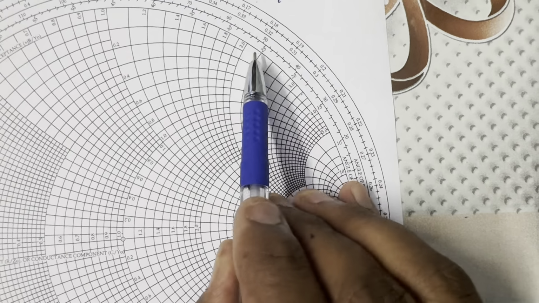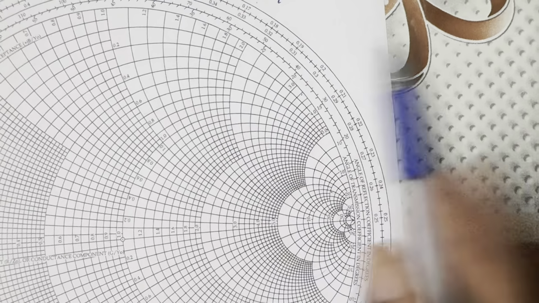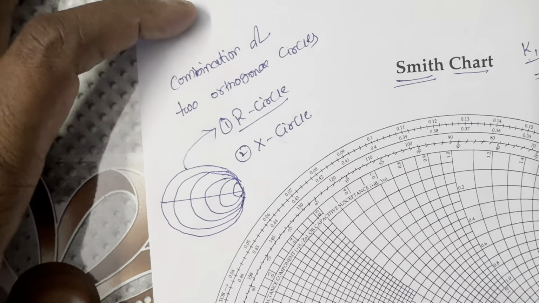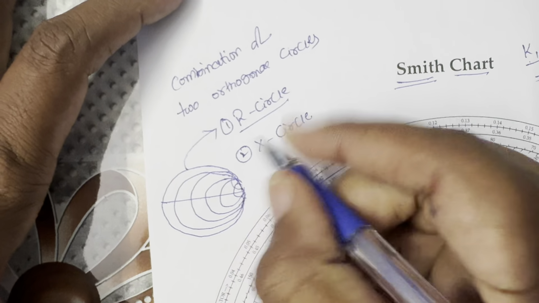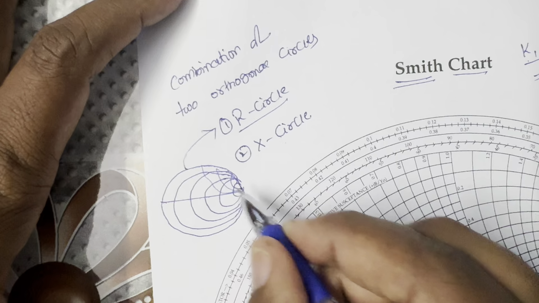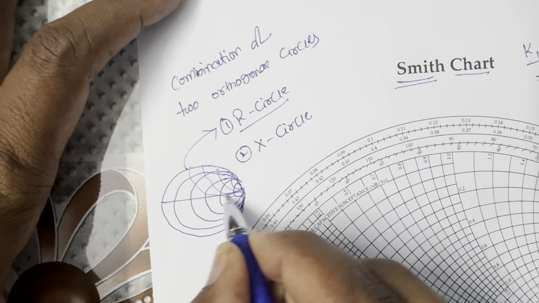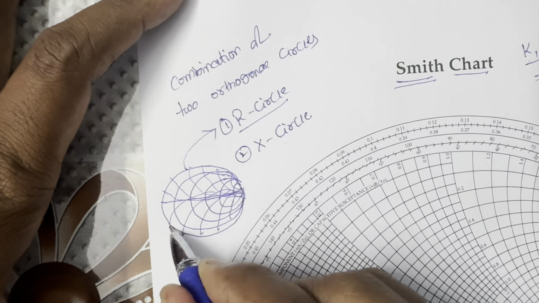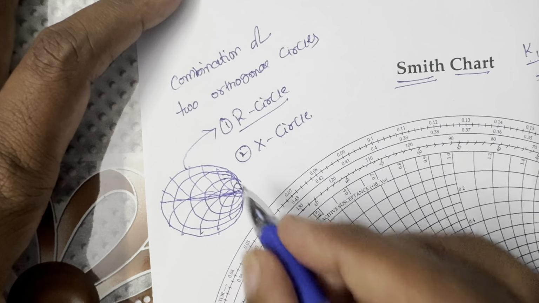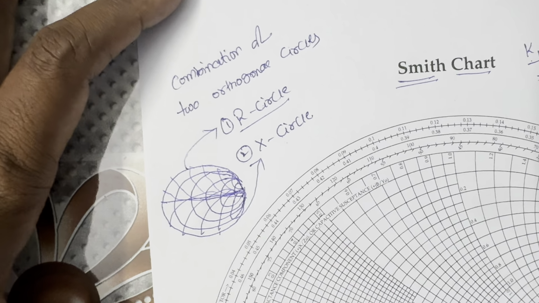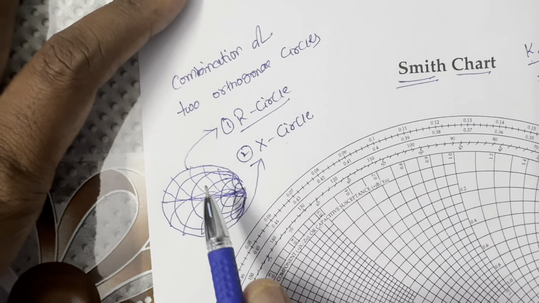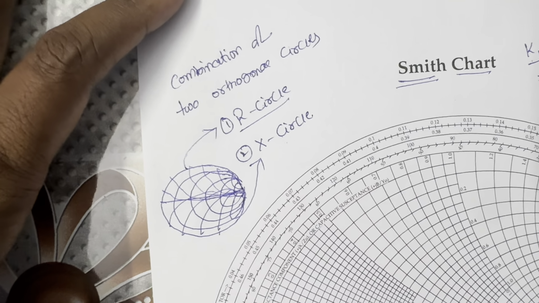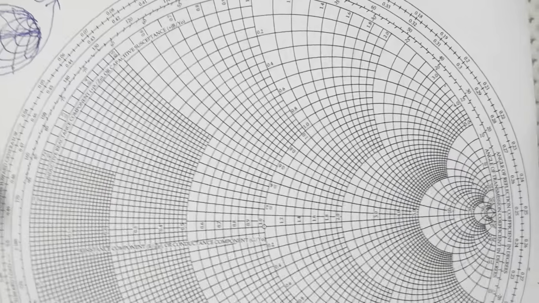These are all the circles, and those circles end at infinity. That means those circles will be like this. These circles are called X circles, imaginary circles. When we combine these two, the Smith chart is formed. This is the Smith chart.